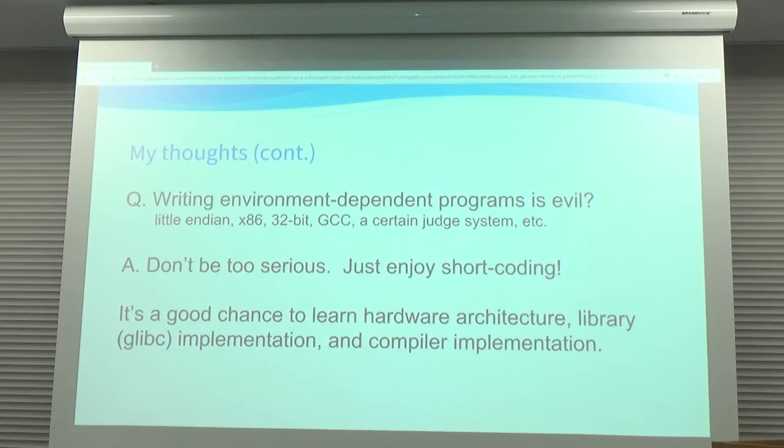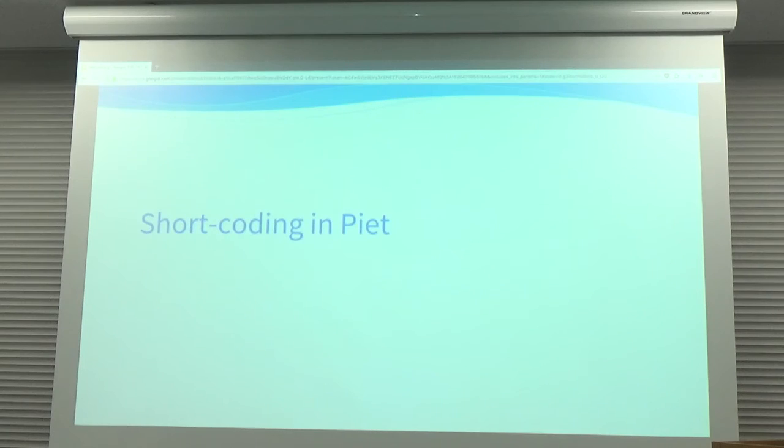But I want to say, don't be too serious, just enjoy short coding. And I think it's a good chance to learn hardware architecture or library implementation, such as glibc and compiler implementation. So next, I will show short coding in Piet.